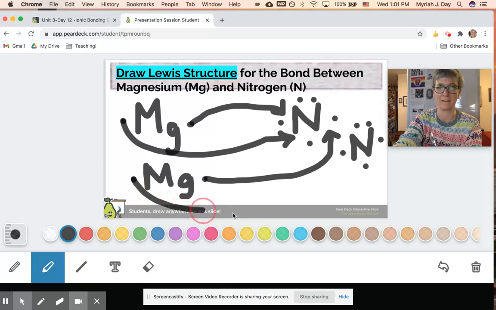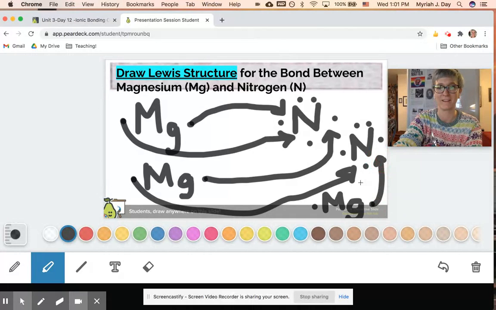And then this magnesium is like, okay. But then this nitrogen still needs 2 more. So you're going to end up seeing even 1 more magnesium show up with its electrons to then give 2 to the nitrogen. So you'll see 1, 2, 3 magnesium and 2 nitrogen.